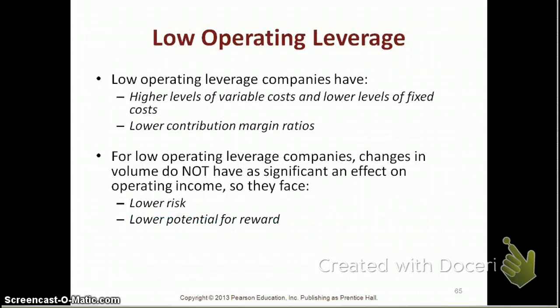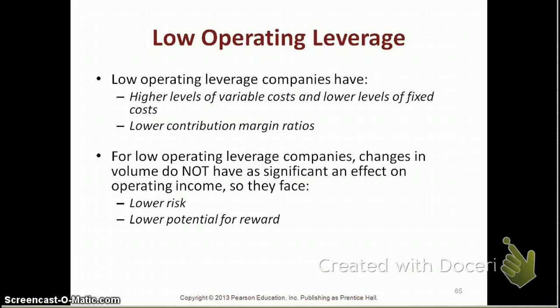On the other side, we have low operating leverage companies. These are companies that have an operating leverage of close to 1. These companies have higher levels of variable cost and very few fixed costs. They have lower contribution margin ratios, and these companies are not very sensitive to changes in volume.